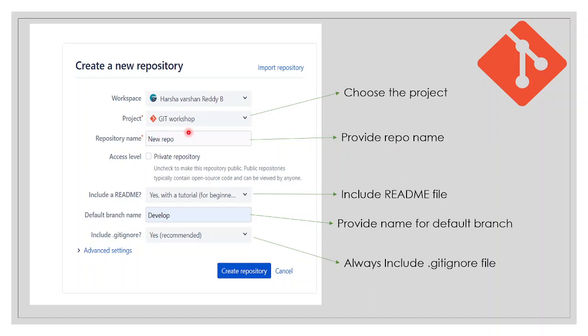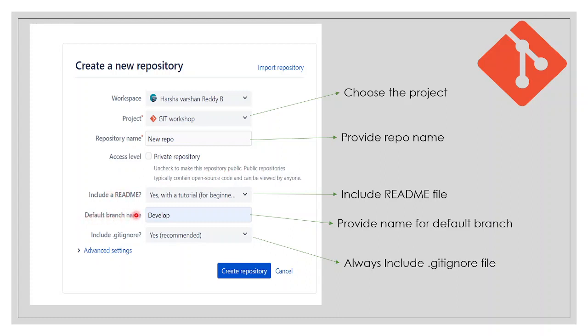Just for our understanding, I just gave a new repo. It is not a recommended way to name a repository. You need to follow proper naming conventions. And we need to include a README file. We'll discuss what the README file is and why we need it.